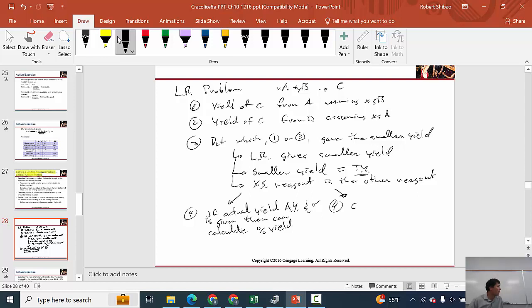We can calculate the amount of leftover excess reagent. This is more commonly done for B. The calculation for the amount of leftover excess reagent we could see here.